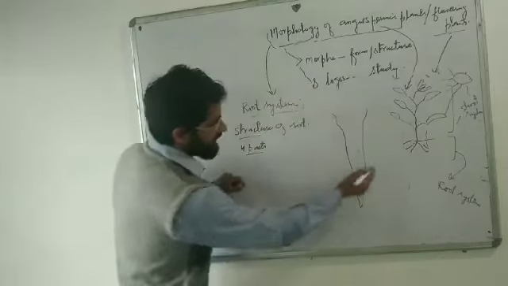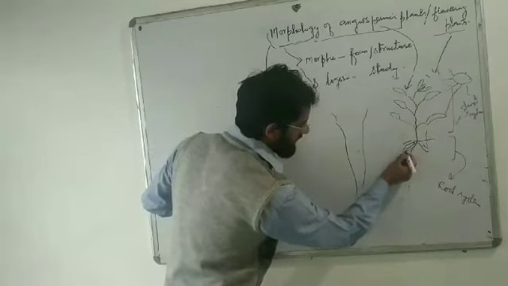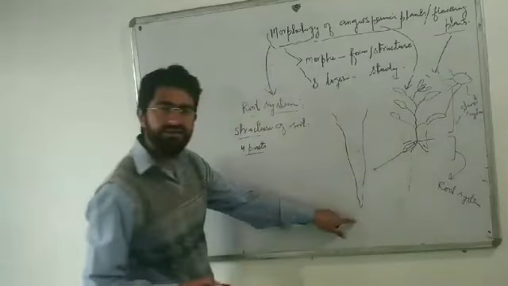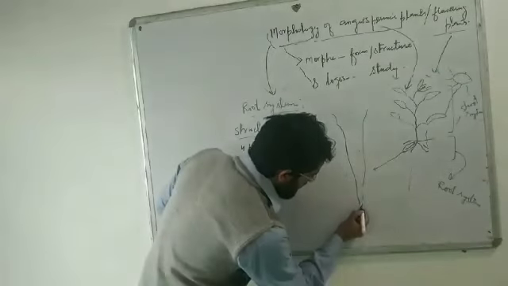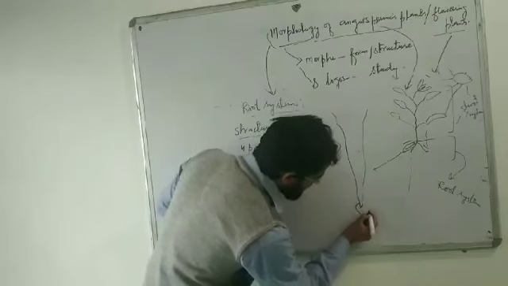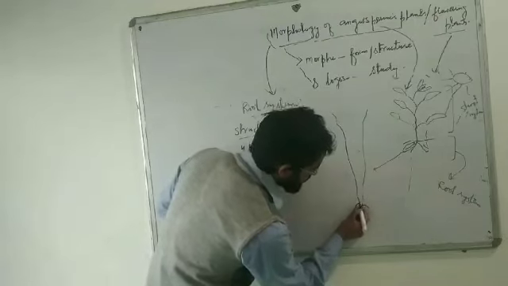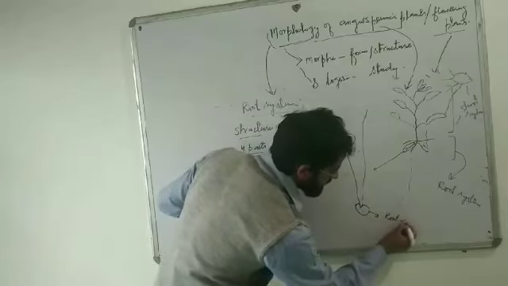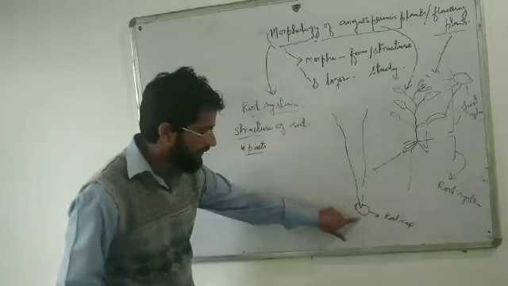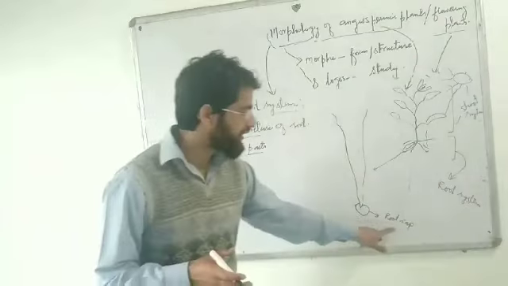Right, this is a rootlet. If we magnify this, we find it like that. There is an apical portion. This is known as the root apex. Over the root apex, there is a bulge or mass of cells. We call it the root cap.